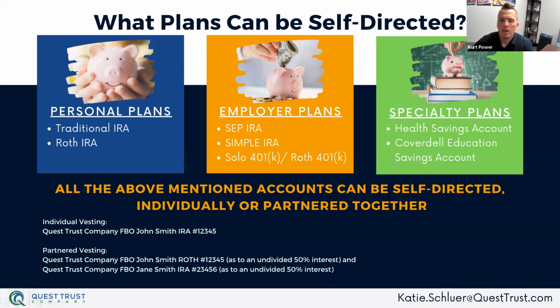When we partner IRAs together, same vesting, Quest Trust Company, FBO, John Smith, Roth, account number, as to an undivided interest, 50%. This means this is how much this IRA owns in this investment, 50%, 60%, 70, whatever the number is. And then here's my partner, Quest Trust Company, FBO, Jane Smith, IRA account number as to an undivided 50% interest.